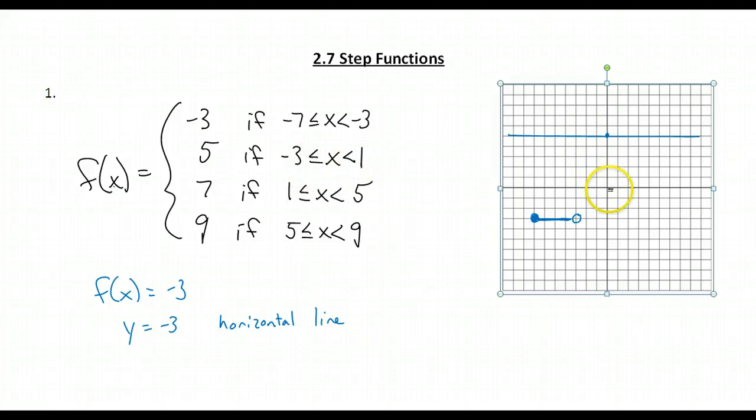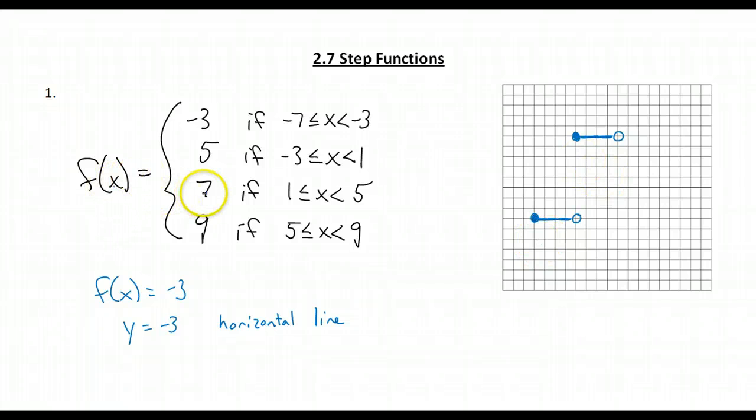So I'm going to go in the x direction to -3, and I'm going to output 5. And I'm going to put a solid dot at -3 in the x direction at 5, because I want to include -3. And I'm going to put an open dot at 1. And I'm going to erase all my other values and only connect between those 2 points. So when x is between -3 and 1, my output is 5. It's on this horizontal line.